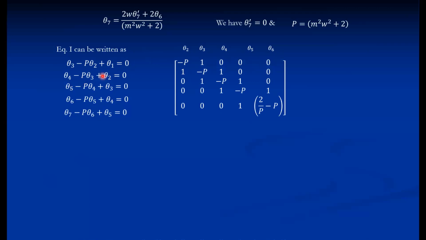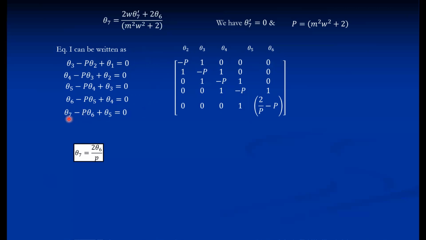Similarly, here the coefficient minus p is for θ3. Then the next equation's coefficient is for θ4. The coefficient minus p is for θ5 here. And the last one is the θ6 coefficient.